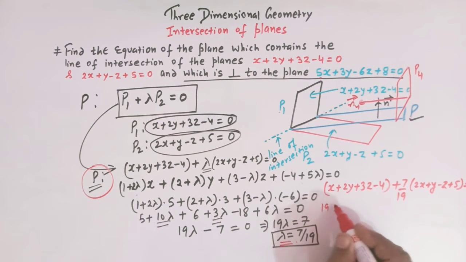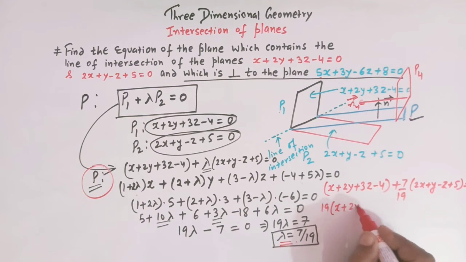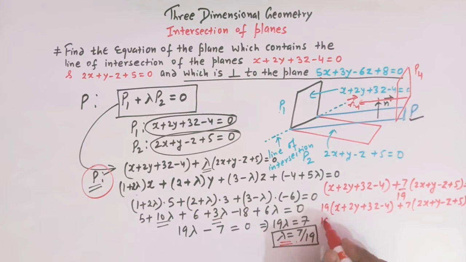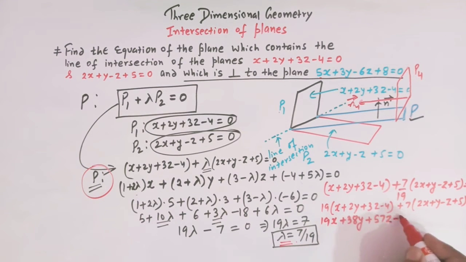So we have here 19 times x plus 2y plus 3z minus 4, and here we have 7 times 2x plus y minus z plus 5 is equal to 0. We can simplify it. So we have 19x plus 38y plus 57z minus 76, and here we have 7 2s are 14x plus 7y minus 7z plus 35 is equal to 0, right?